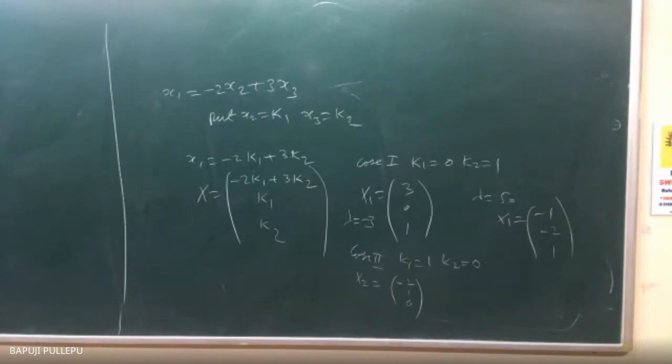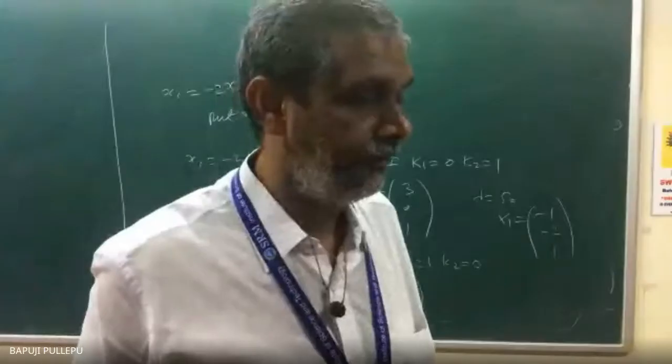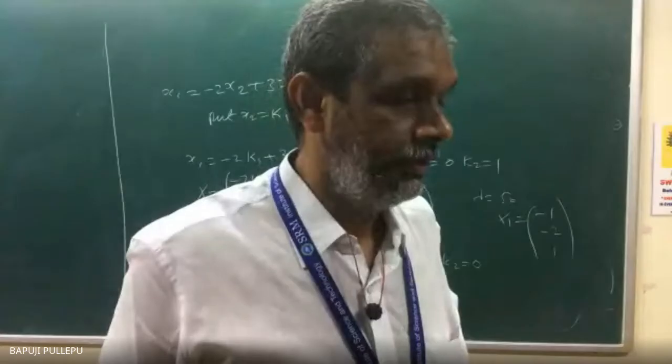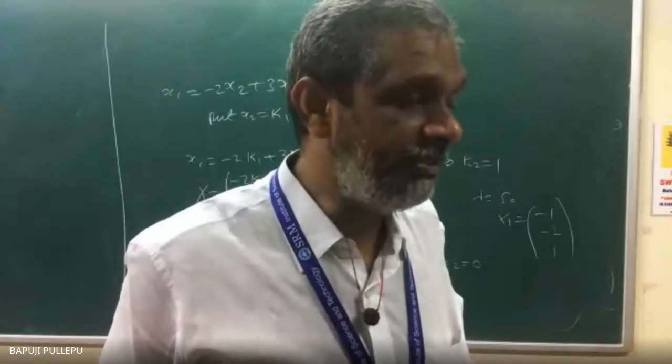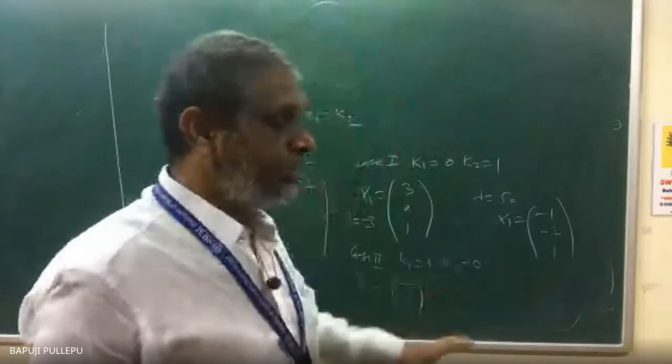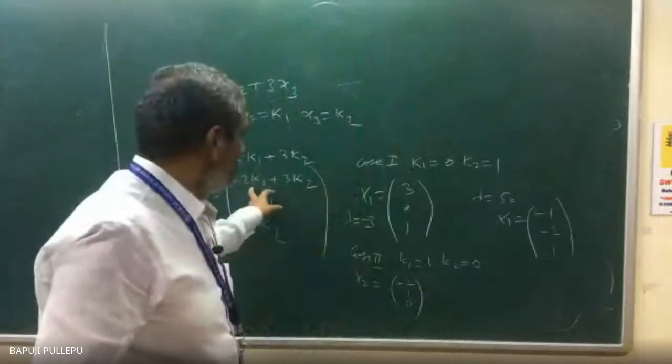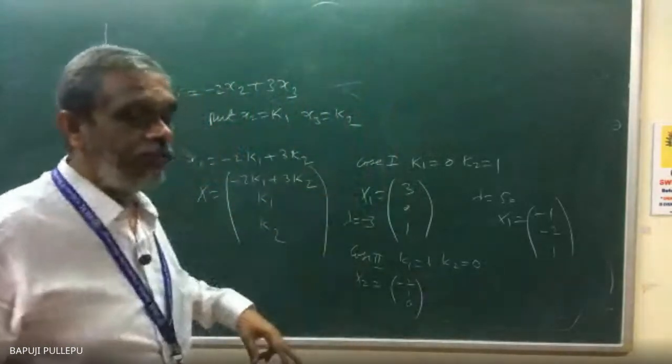Pranay Bhargava, what do you want? Sir, if two eigenvalues are the same, then k1 and k2 should always be 0 and 1, and 1 and 3 respectively? If three are repeated, you can change k1, k2 in such a way that the top fellow becomes 0.